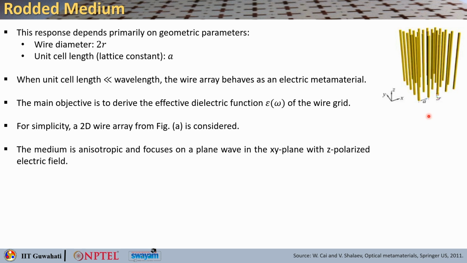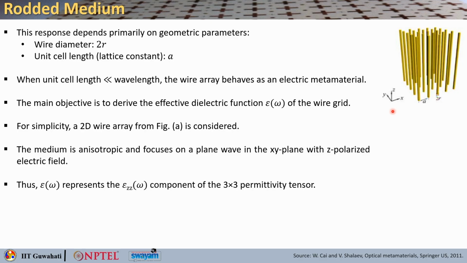As you can see, the composite medium is apparently anisotropic, and the polarization state that we will be interested in corresponds to a plane wave propagating in the xy plane, with its electric field polarized along z, that is along the length of the thin wires.